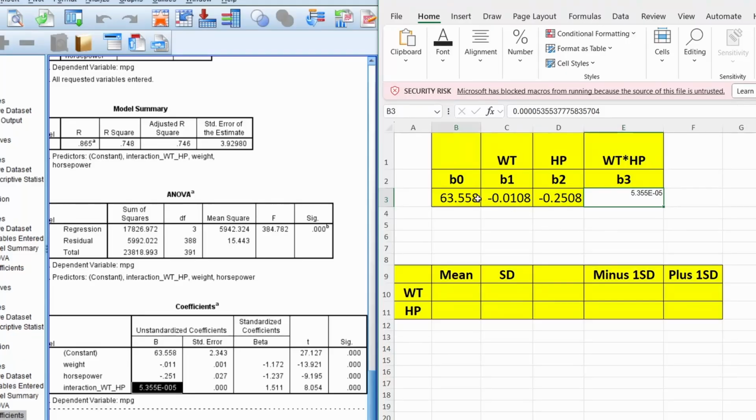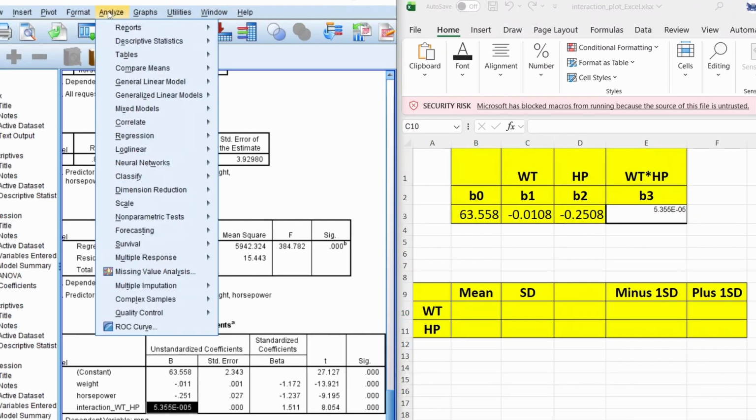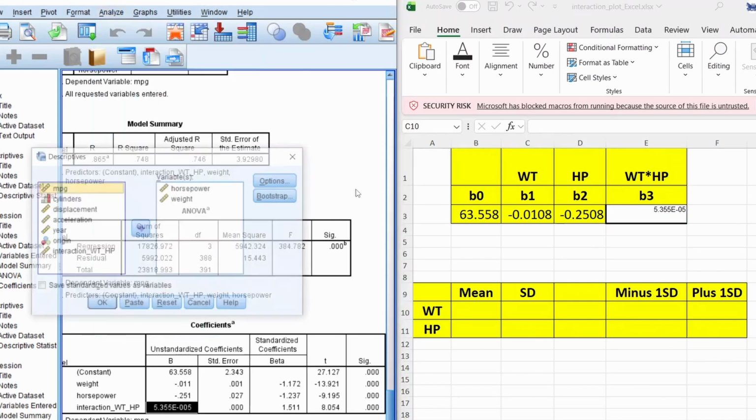Now we got the model, and then we need to create values of -1 and +1 of the weight and horsepower. That means we need to know the mean and the standard deviation for both of them. So we can just do descriptives.